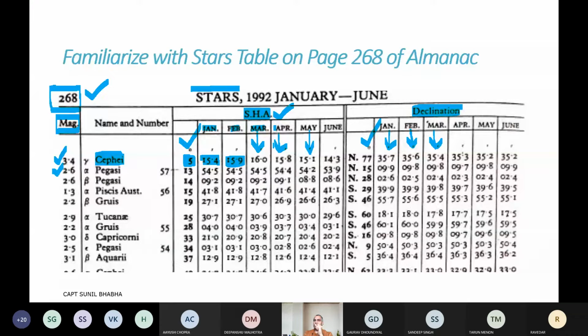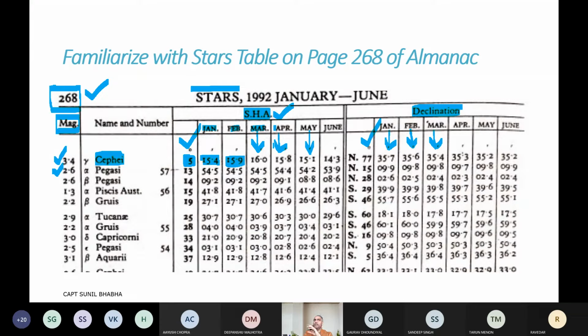Now, as far as our examination is concerned, we always use the English names of the stars. So for that purpose, you always pick up the name of the star from the right side page of the table. Whether the month is January or the month is July or December, the name is to be picked up from the right side page of the table.